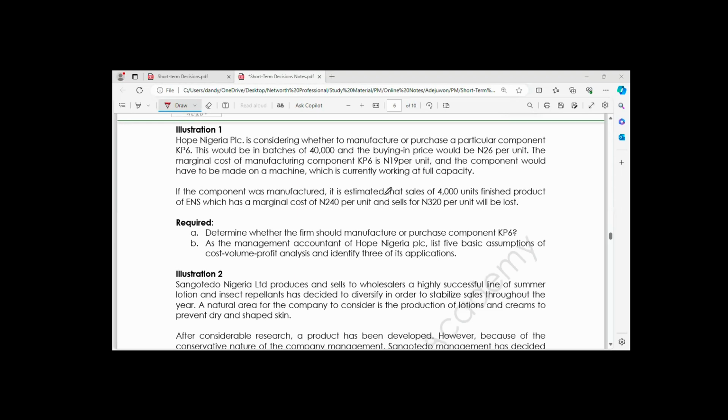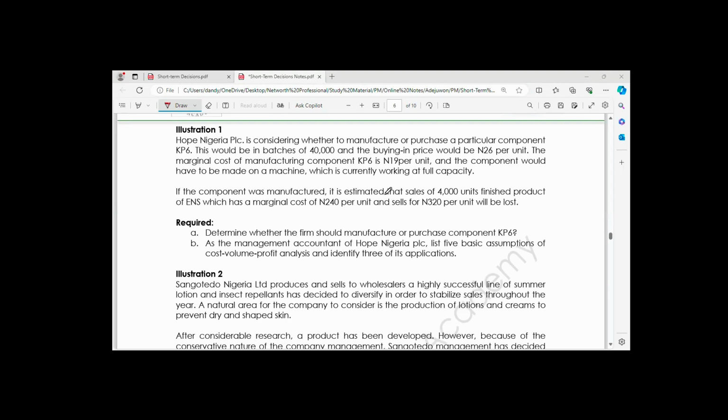If the component was manufactured, it is estimated that sales of 4,000 units of finished product EAS, which has a marginal cost of 240 naira per unit and sells for 320 naira per unit, will be lost. Required: A. Determine whether the firm should manufacture or purchase component KP6. B. As the management accountant of Hope Nigeria Limited, list 5 basic assumptions of cost volume profit analysis and identify 3 of its applications. Thank you very much, Dorcas.